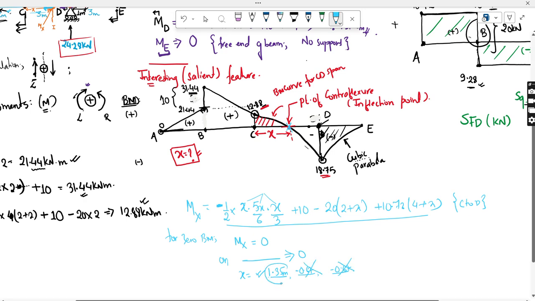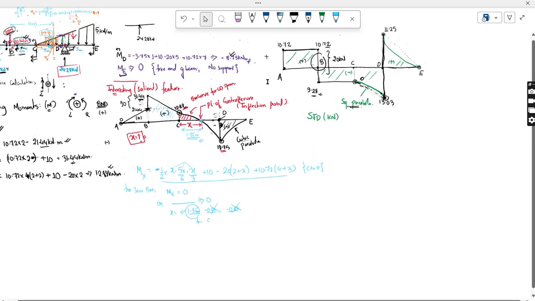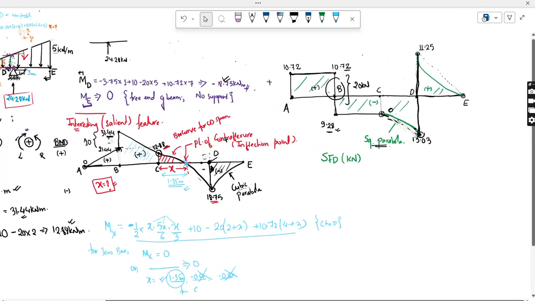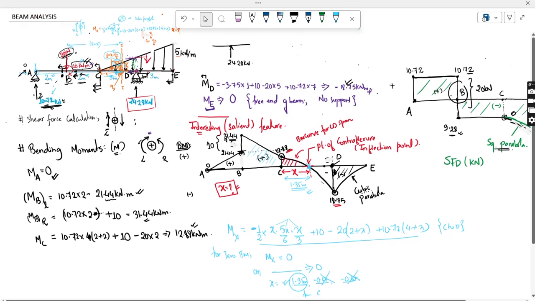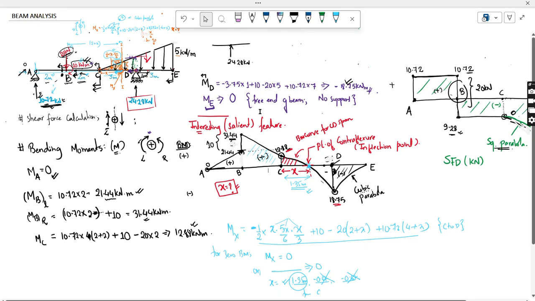What I have got is 1.35 meter from C. So our point of contraflexure is acting at a distance of 1.35 meter from C, at this point. So we have done the bending moment diagram, we have plotted the shear force diagram, and we have found the contraflexure point. This is the complete solution for this beam.